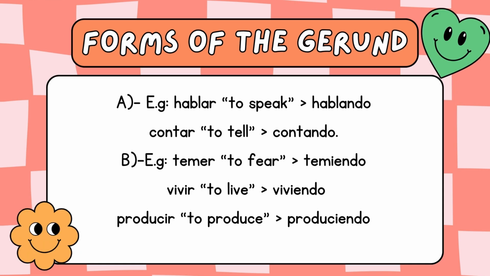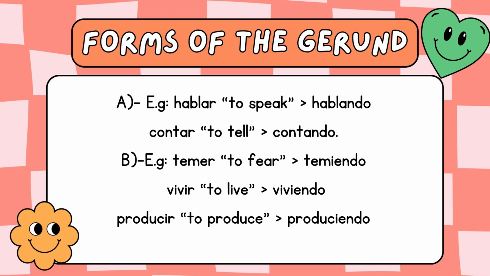Now, as regards the form of the gerund, we have to consider verbos infinitivos in Spanish. All those verbs that end in ar, the ar part will be replaced by ando. In this case, we have two examples. The first one, hablar, to speak, will become hablando.